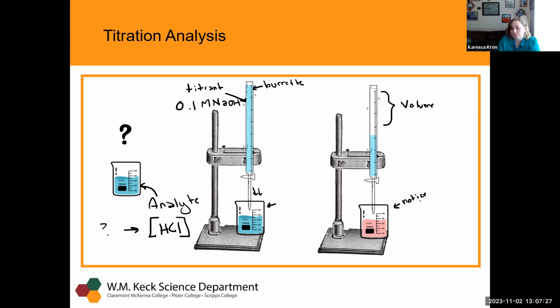In our lab, we used phenolphthalein to change the color of our solution from clear to pink. That's an example of a potential change you might see here. But ultimately, the point of the titration is that you have some analyte that you're adding your titrant to until you can track some change that indicates that we added enough titrant to balance out the analyte.